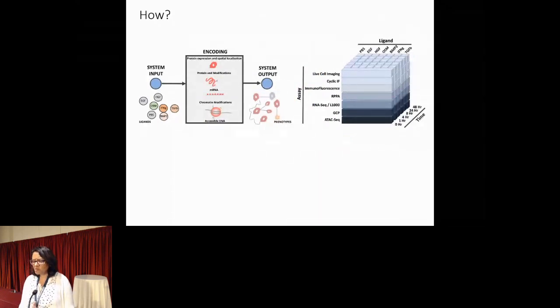ECM? We have taken a systems approach to think of all those growth factors, which are the ligands that will be changing the genomic or proteomic measurements, by encoding all of those different assays into an encoding, decoding method, an algorithm that allows us to take a multi-omics approach to map them at various different time points to capture the dynamics.